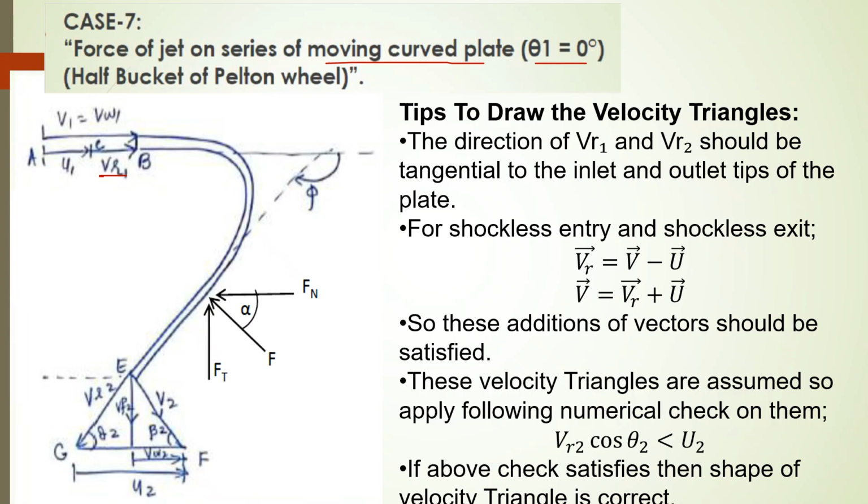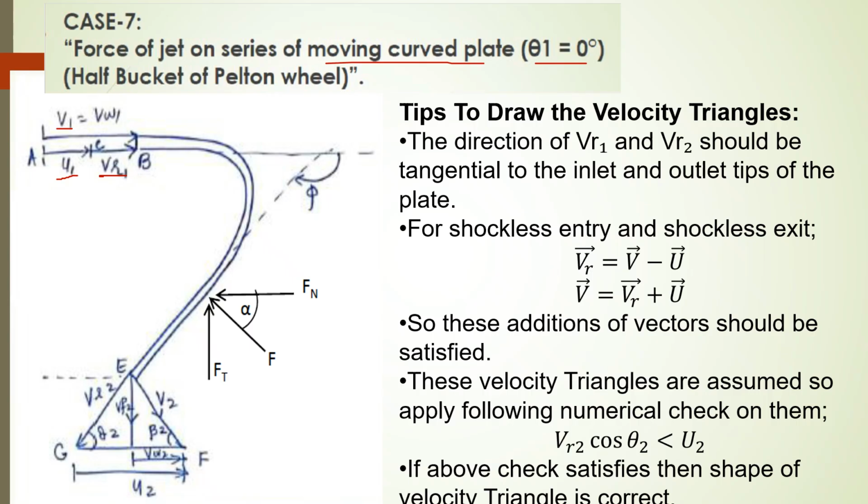First we have the velocity of the jet as V1. Its direction will be in the forward direction of the bucket. And U1 is the velocity of the bucket itself.